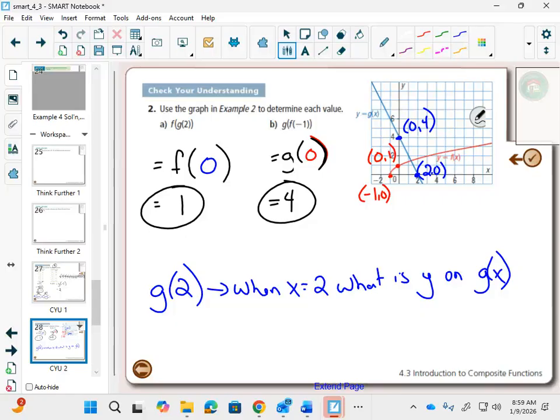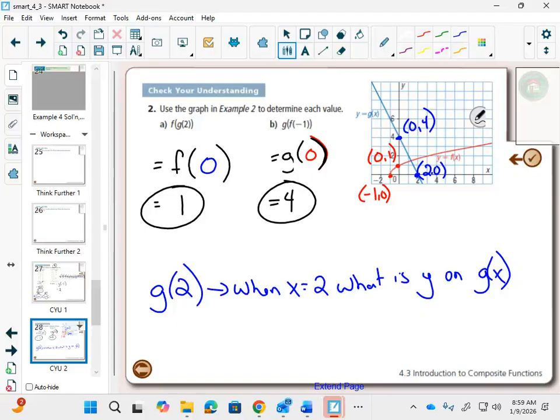So for you, the math is not very hard, right? Can you find points on a graph? I'd ask you that in grade 8 and grade 9. If you know the x value, can you find the y value? Not very hard. What is always the hardest part about learning something new in math is understanding the notation and what it's asking you.